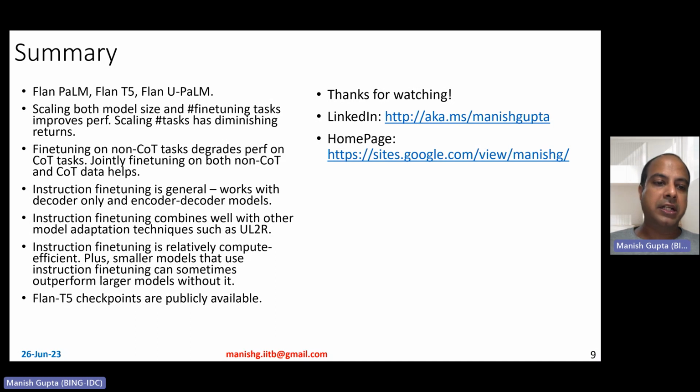Instruction fine-tuning is also relatively compute efficient. Plus, smaller models which have been instruction fine-tuned oftentimes have been shown to outperform larger models without instruction fine-tuning. Overall, the Flan T5 checkpoints are publicly available for you to experiment. Flan PaLM and Flan UPaLM checkpoints, although, are not publicly available.